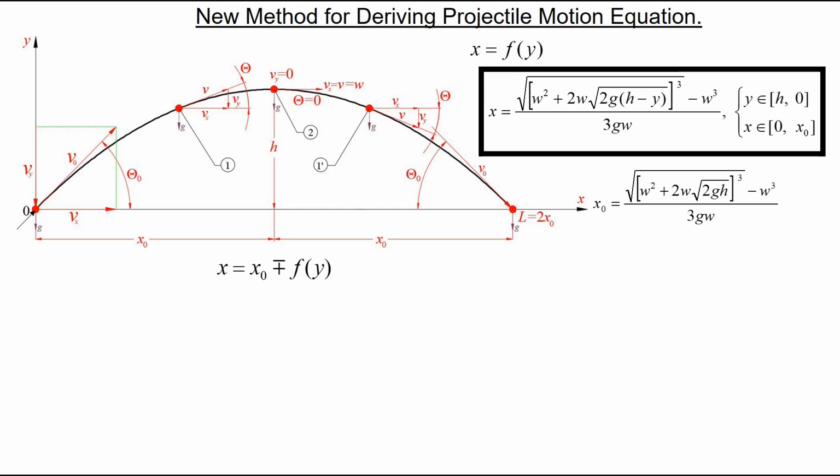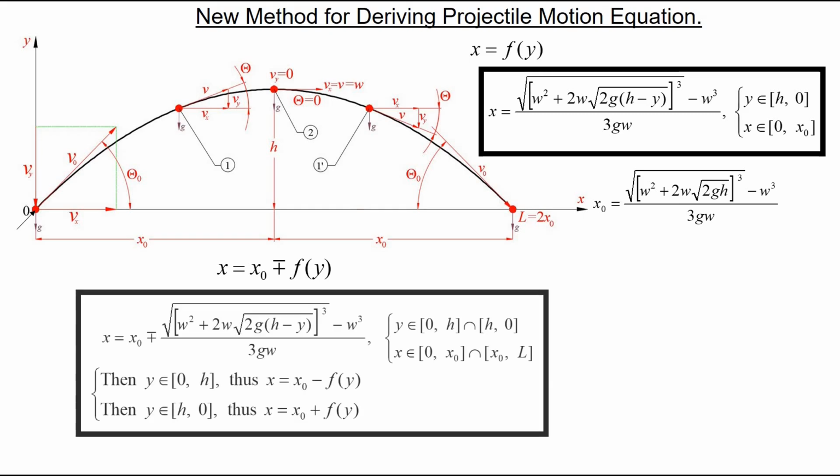Thus, the newly derived projectile motion equation is, except in reverse order, when the y variable change range is from 0 till h, the x result change range is from 0 to x0.